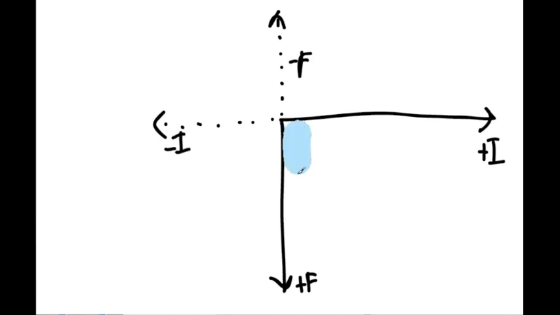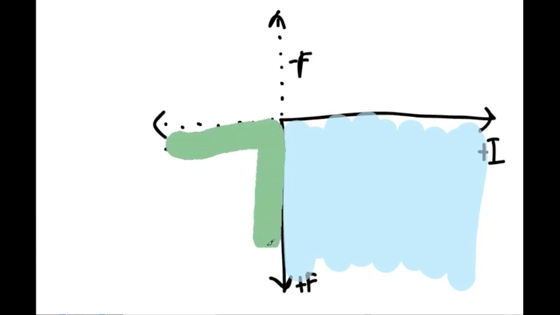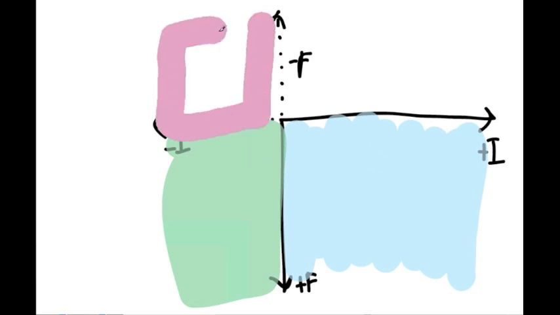So anything that is in this area here, in this quadrant, we're going to call normal axis. Anything that's in this quadrant is right axis. Anything that's way over here, this is extreme axis.